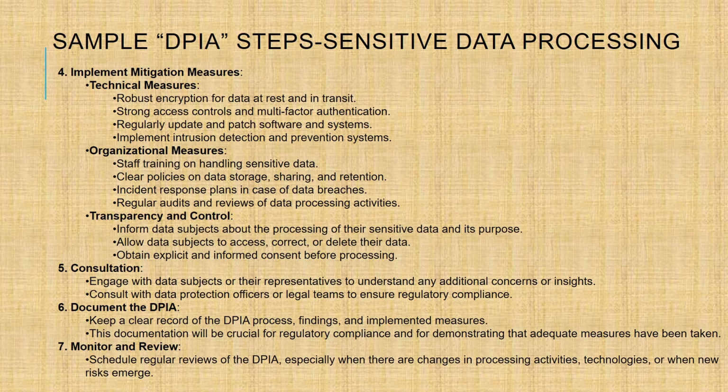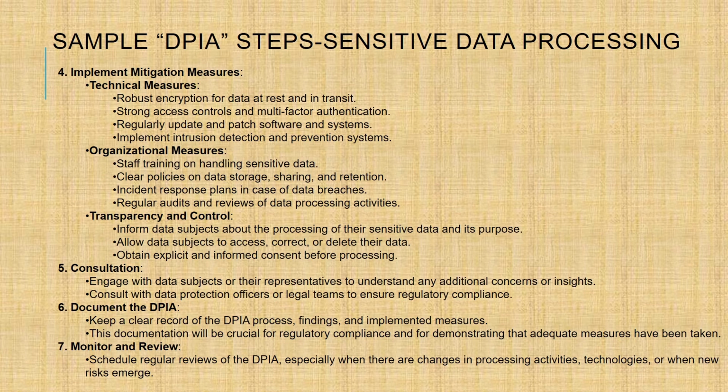And step 5, consultation. Engage with the data subjects or their representatives to understand any additional concerns or insights. You can also consult with the data protection officers or the legal teams to ensure regulatory compliance. And step 6, document the DPIA. We need to keep a clear record of the DPIA process, its findings, and the implemented control measures.